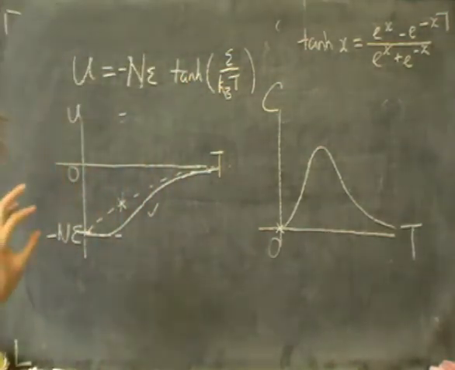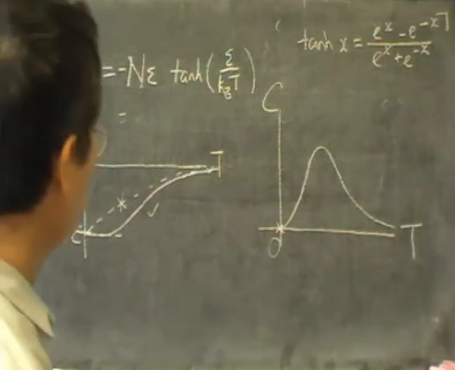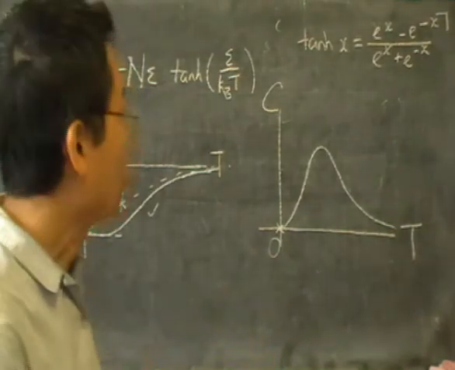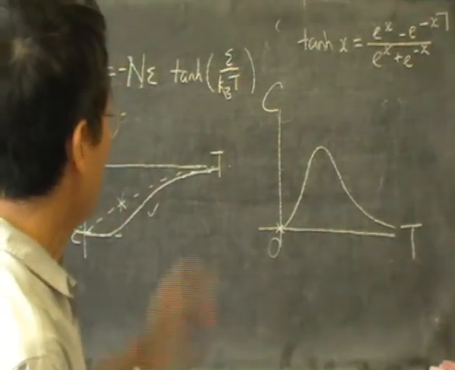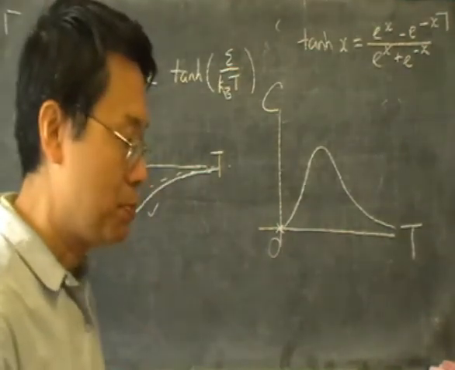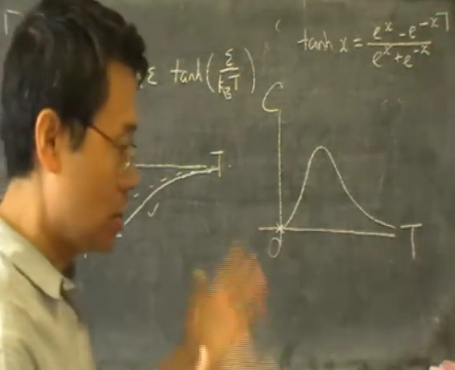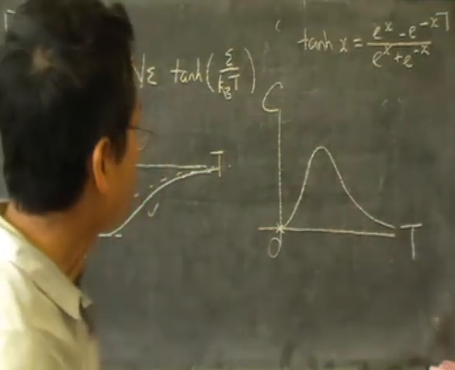And it is only for this very special example in which we have two energy levels, and which happens with, for example, paramagnetic salts, substances with magnetic ions.